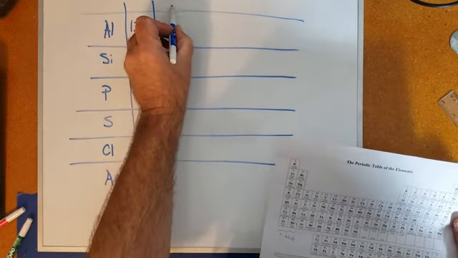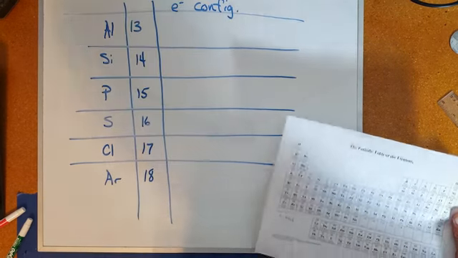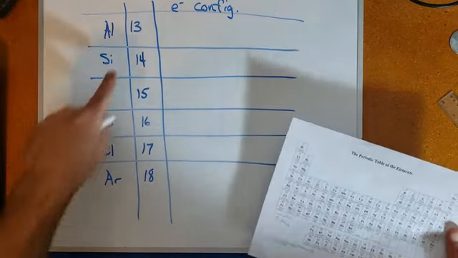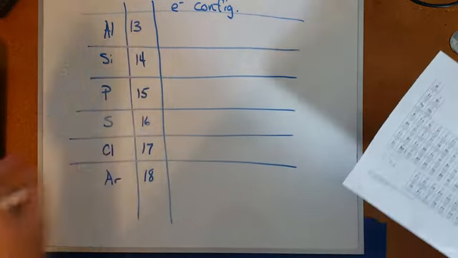Now in this column we'll put the electron configuration. We have to find a home for aluminum's 13 electrons.